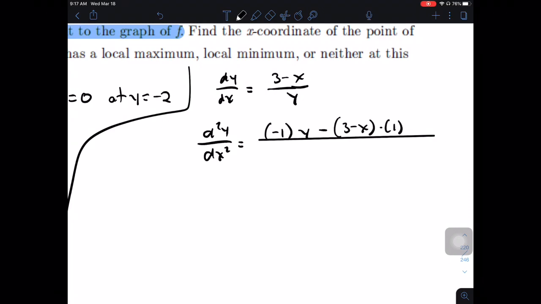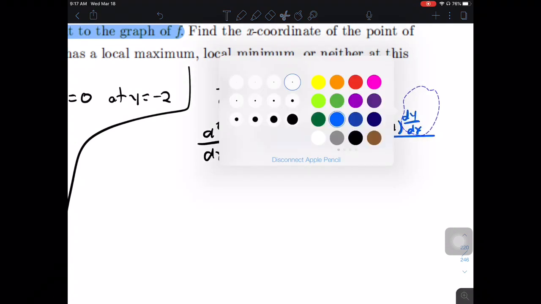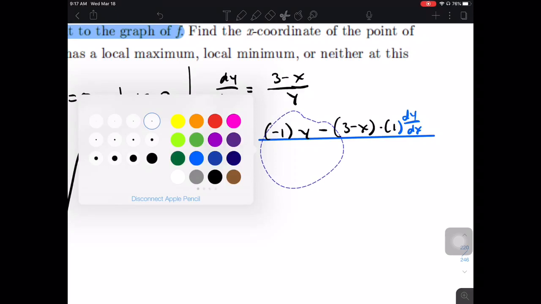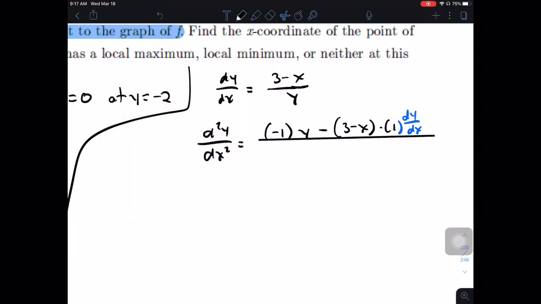You got to be careful. If we're taking the derivative with respect to x, the bottom is a y. It's the wrong variable, so we have to say dy over dx. I'm going to change that color for emphasis. Didn't mean to change that color. There we go. And then that's over the bottom squared.